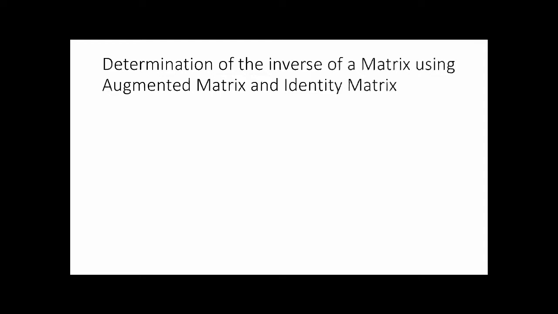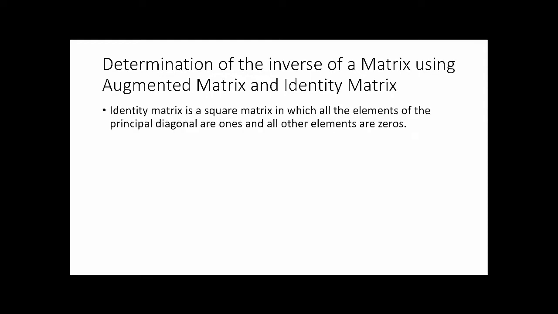We will no longer use the previous method with the adjoint matrix, because for 3x3 and above, it becomes very hard to understand and to solve. So we will use the augmented matrix and then the identity matrix. An identity matrix is a square matrix in which all the elements of the principal diagonal are 1s and all other elements are 0.